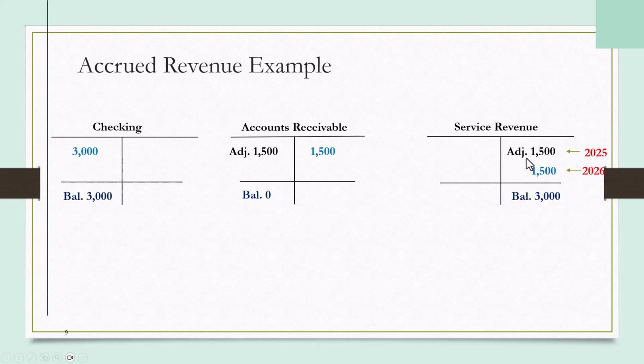All I did with the adjustment is split the revenue into 2 different years to reflect when they earned the money. $1,500 was earned and recorded in 2025, and $1,500 was earned and recorded in 2026.